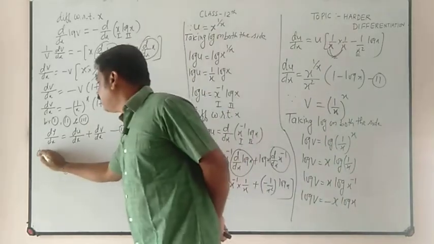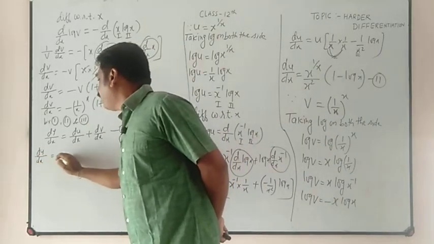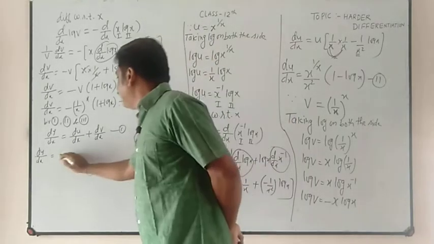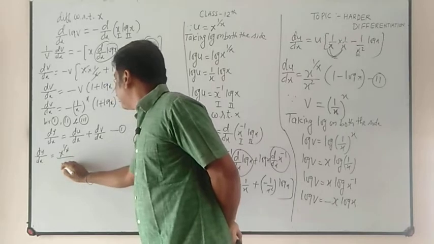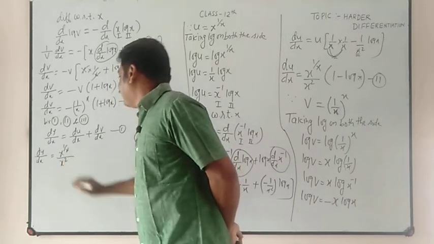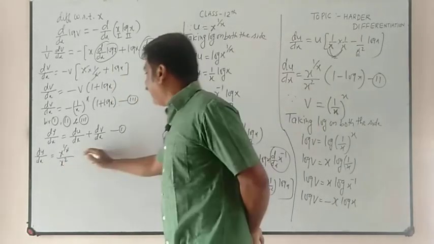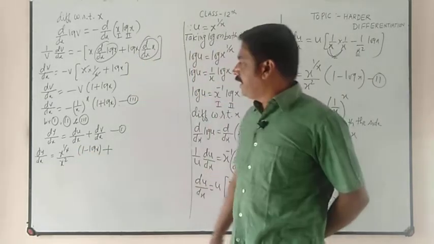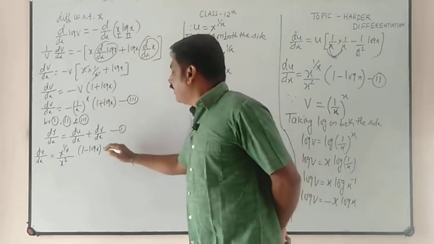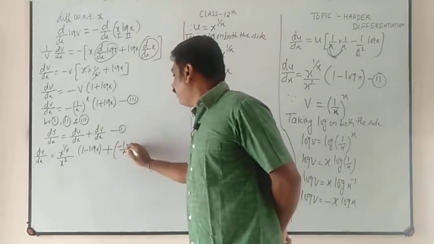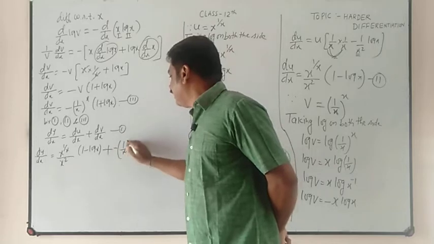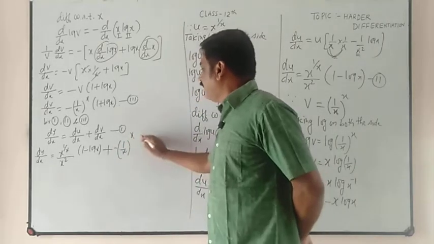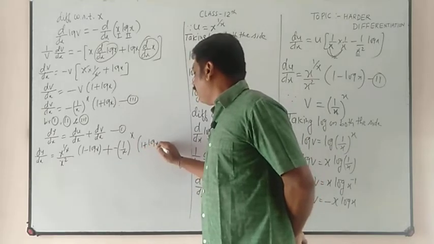put the values. So dy by dx is equal to, the value of du upon dx is x raised to 1 upon x square in bracket 1 minus log x, plus dv by dx, the minus is outside, minus in bracket 1 upon x raised to x times 1 plus log x.